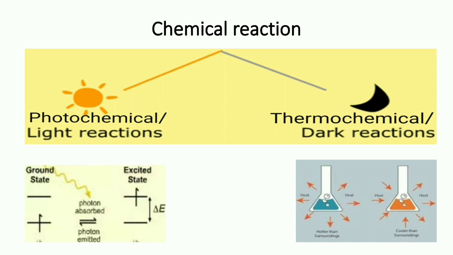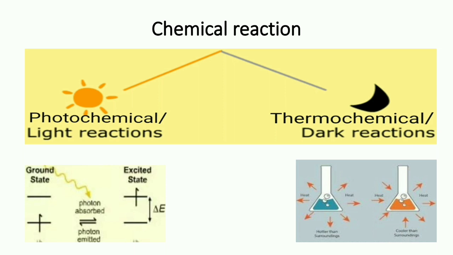In the thermochemical reactions, the activation energy is provided by the collision of the molecules, which in turn is provided by the heat or the temperature of the system. While in case of photochemical reactions, the activation energy is provided by the electromagnetic radiations of appropriate wavelength.